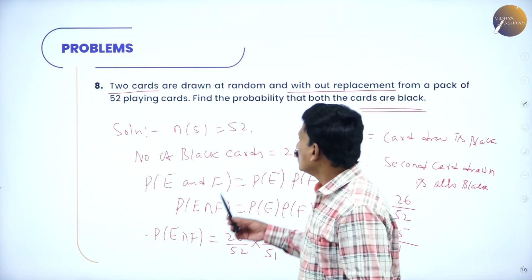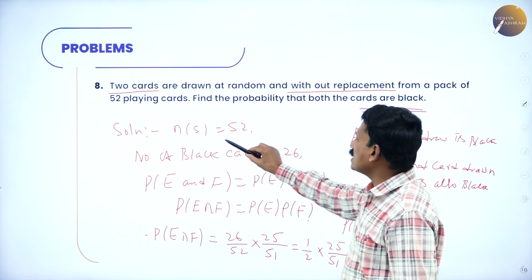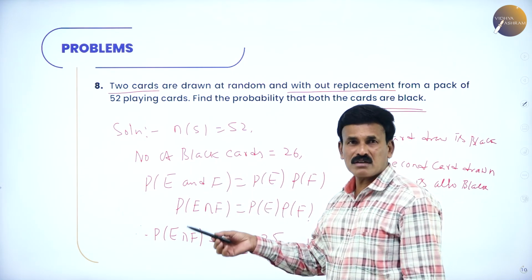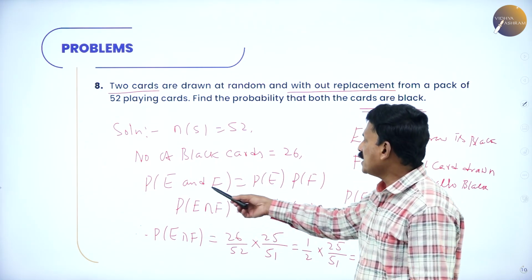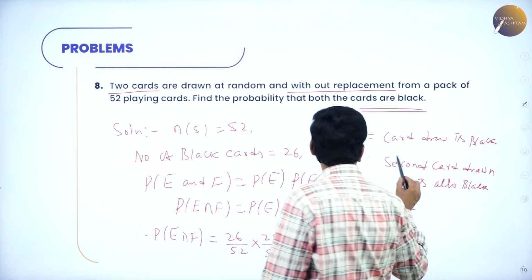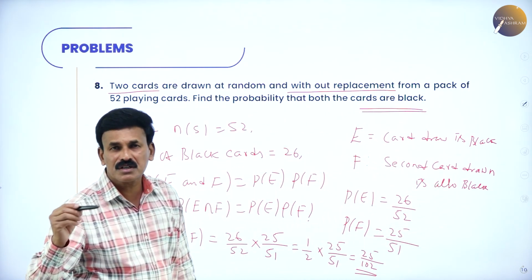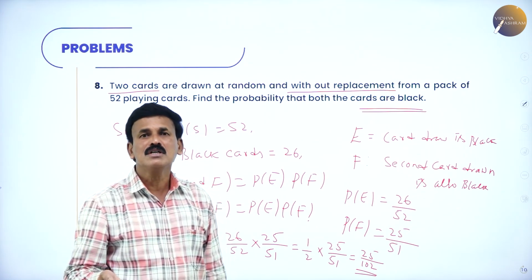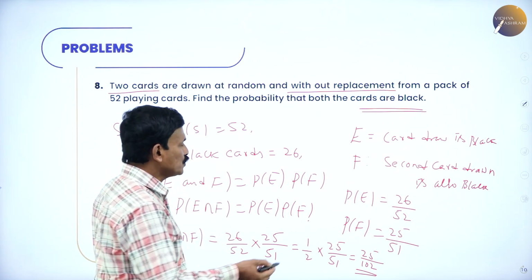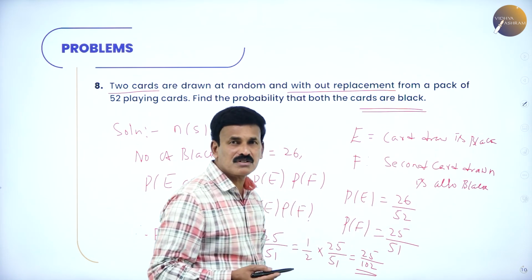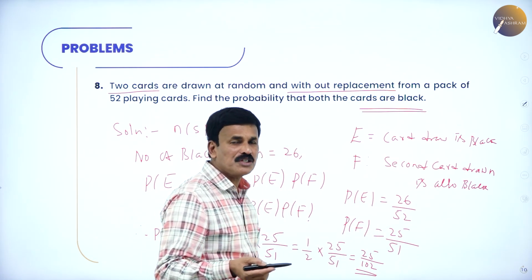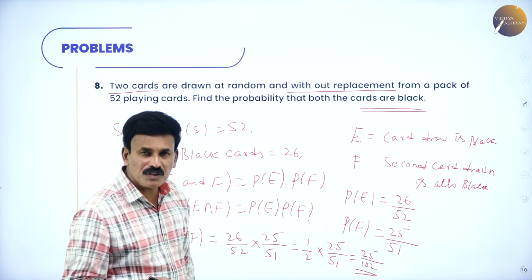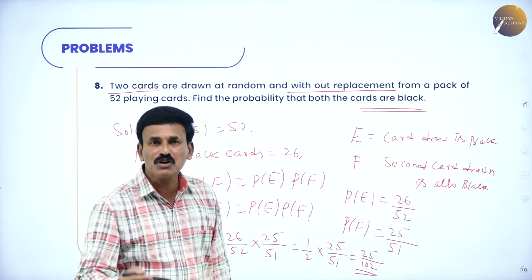Now, listen to me. I'll explain once again. The number of cards in a pack is 52. The number of black cards is 26. So, let E and F be the two events. E is the event that the first card drawn is black. F is another event, that the second drawn card is also black. Therefore, the probability of E, the first drawn card being black, is 26 by 52, and the second card drawn being black is 25 by 51, because one card is already drawn without replacement.